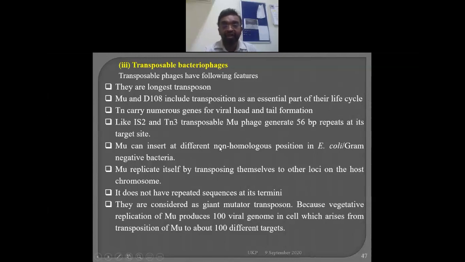I have already said that there should not be homology. At any region it can get involved. Then Mu replicates itself by transposing itself to loci on the host chromosome. Whenever the chance comes, it also multiplies.